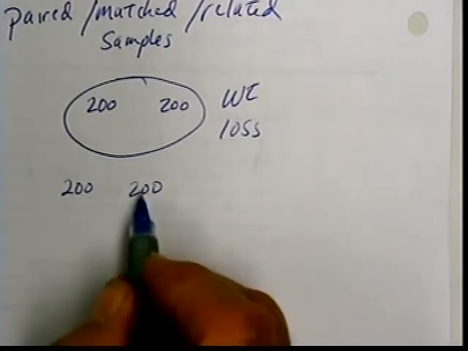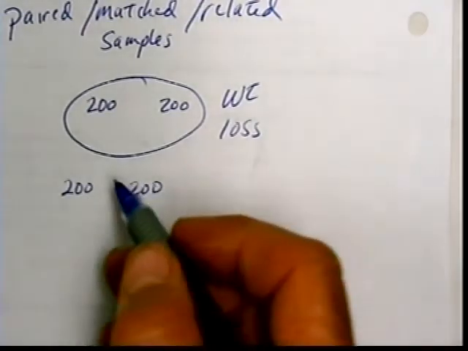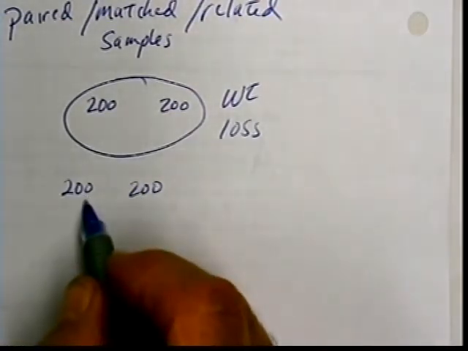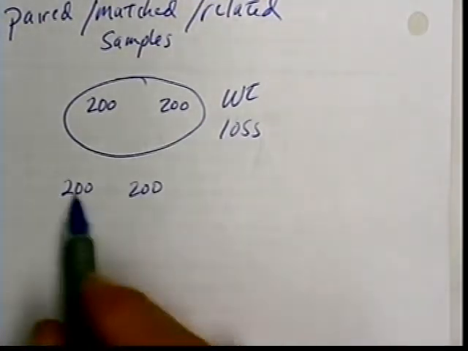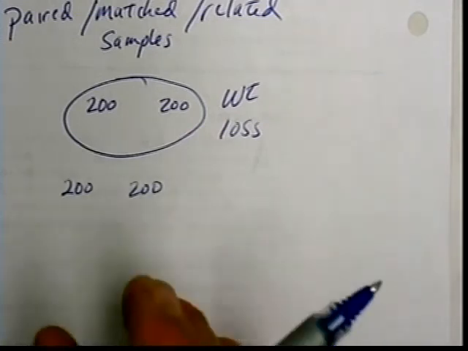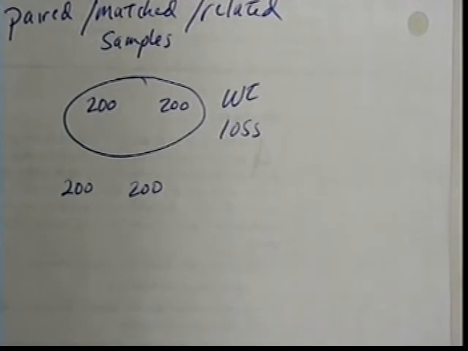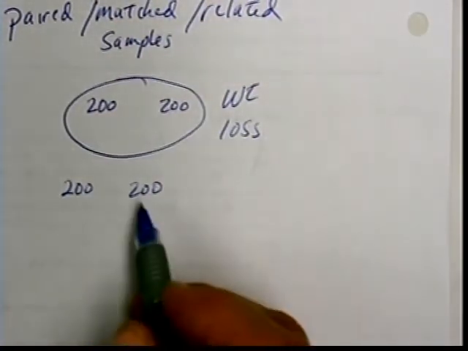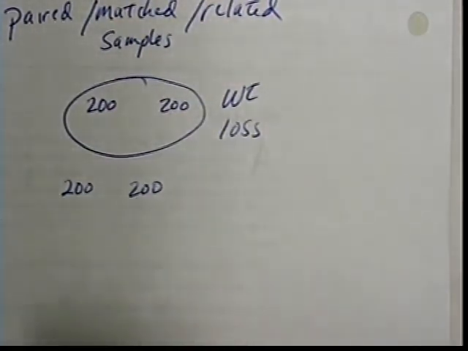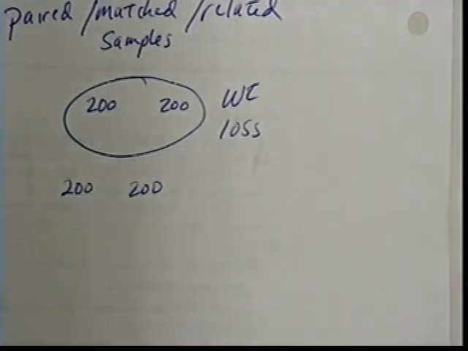They're matched, and if you put these guys on a certain treatment or exercise regimen, and he loses 10 pounds, but this guy, the status quo, doesn't lose 10 pounds, then you've got a difference in that matched pair of some value. In that case, 190 and 200 would be 10. So they don't have to be the exact same person. It's just that at the first of the study, you match them up so that they would be matched in that situation.